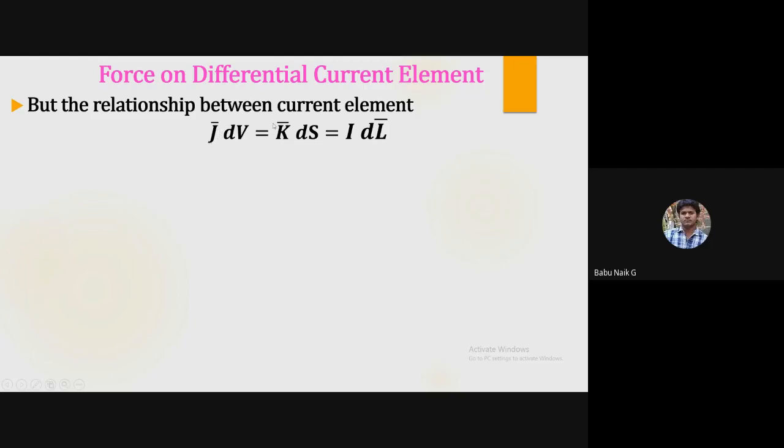K is the surface current density, having a surface area. These are all equal once the current is flowing through any surface, volume or wire.